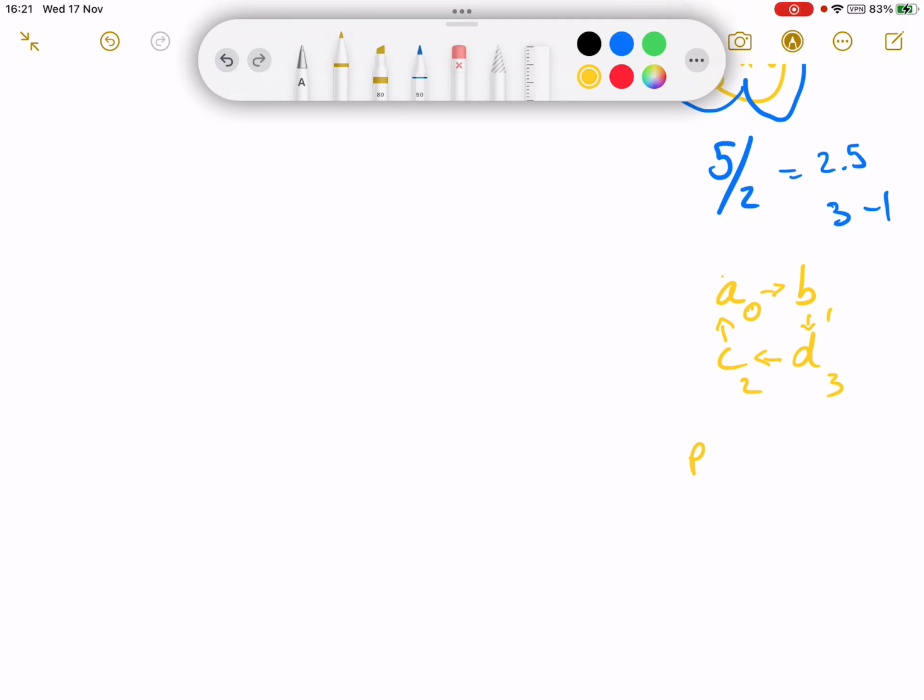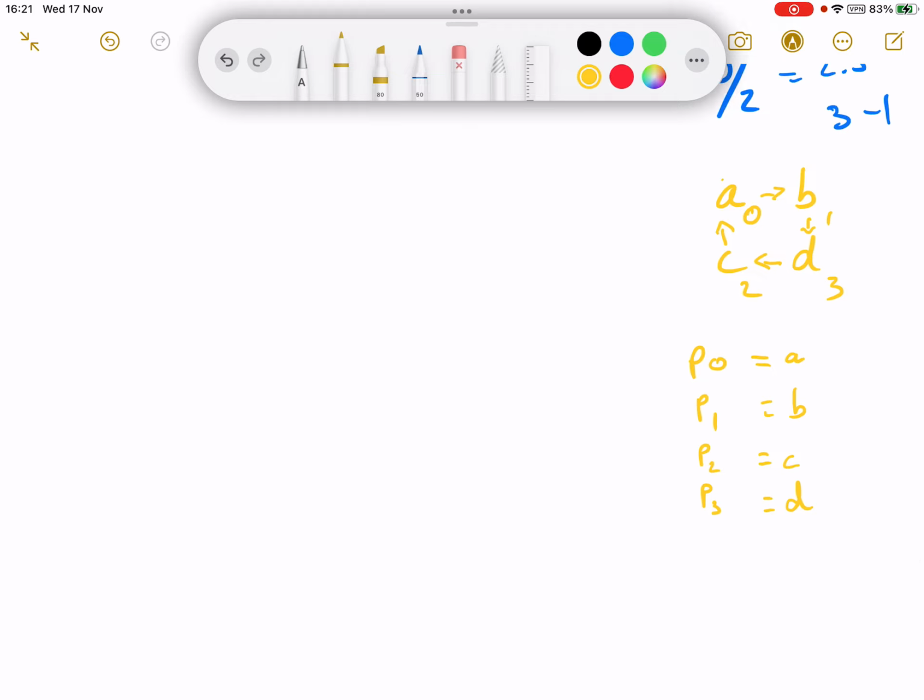So P0, P1, P2, P3, right? So then that would be A, B, C, and D, right? Those are each at our corners. So now we're trying to switch things around. So, no. This is a bad way of naming the cells. So let's do 0, 0, 0, 1, 1, 0, and 1, 1.